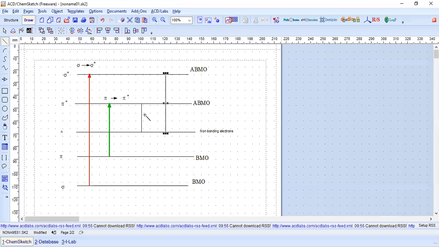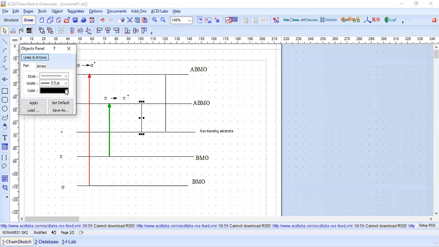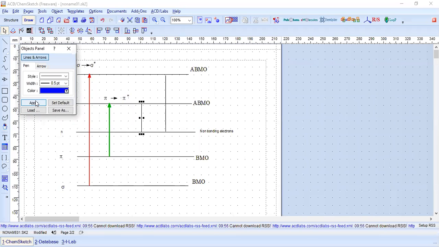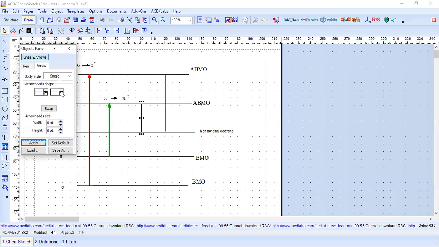Now we will write it with a different color because we have to distinguish it. We will write it with blue color, that is the n to pi star transition.